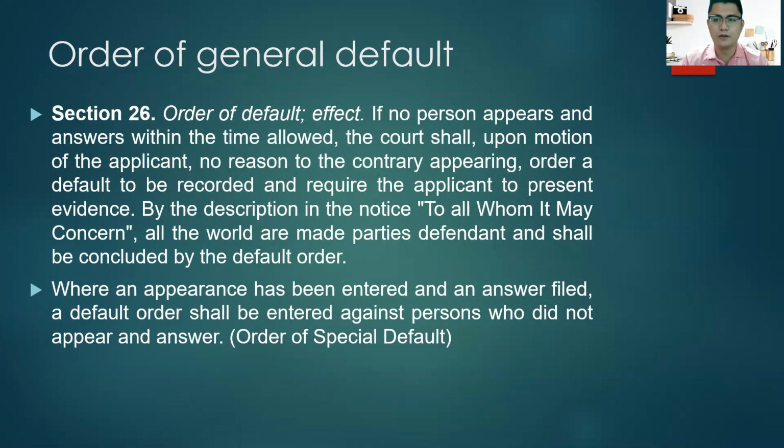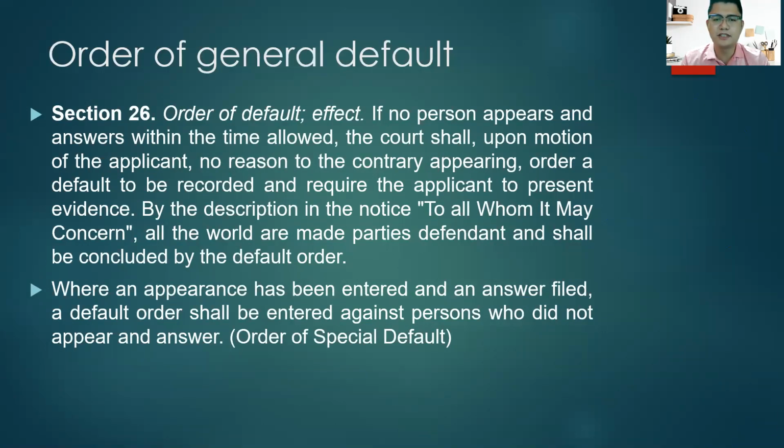Order of General Default. Under Section 26, the order of general default states that if no person appears and answers within the time allowed, the court shall, upon motion of the applicant, no reason to the contrary appearing, order a default to be recorded and require the applicant to present the evidence.